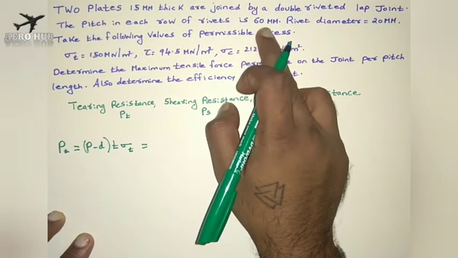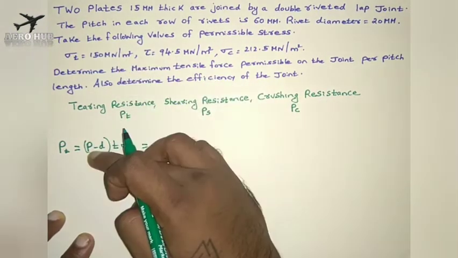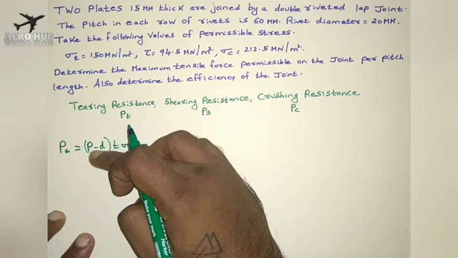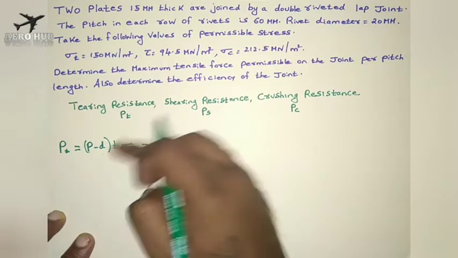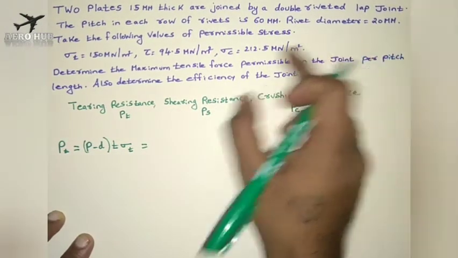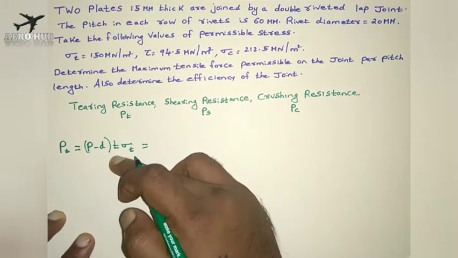Pitch is given as 60 millimeter, and the stresses are in meters, so I will convert the 60 millimeter into meters. That will be 60 into 10 power minus 3, that is 0.06 meter. I will also convert the diameter, given as 20 millimeter, into meters. Thickness is given as 15 mm.